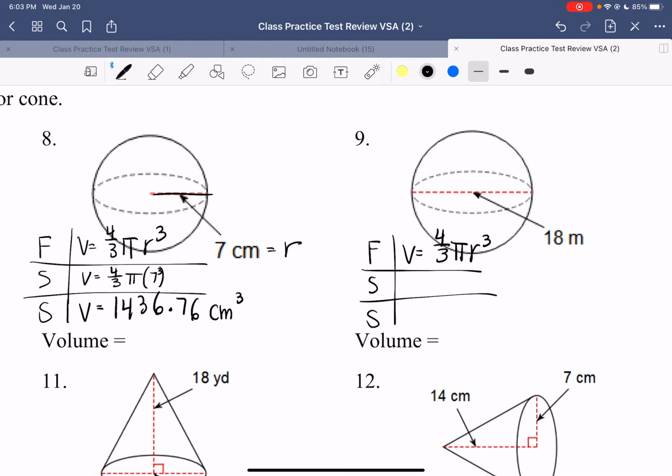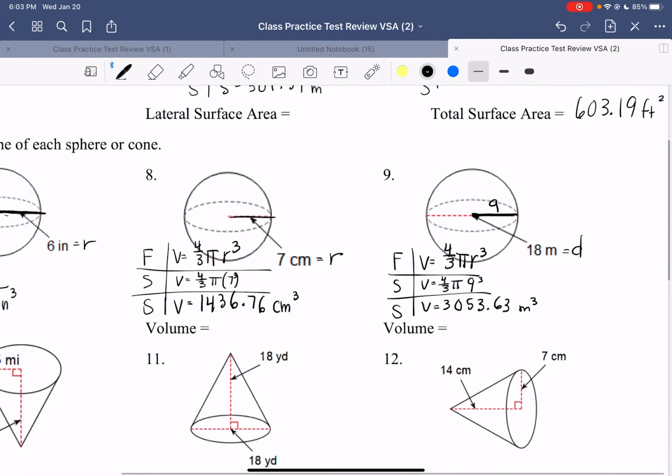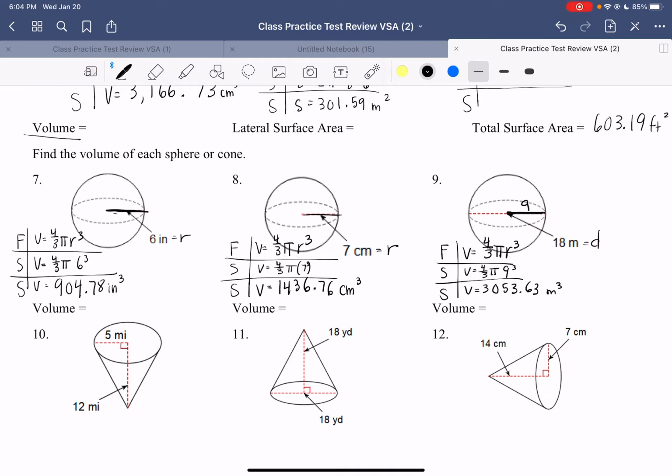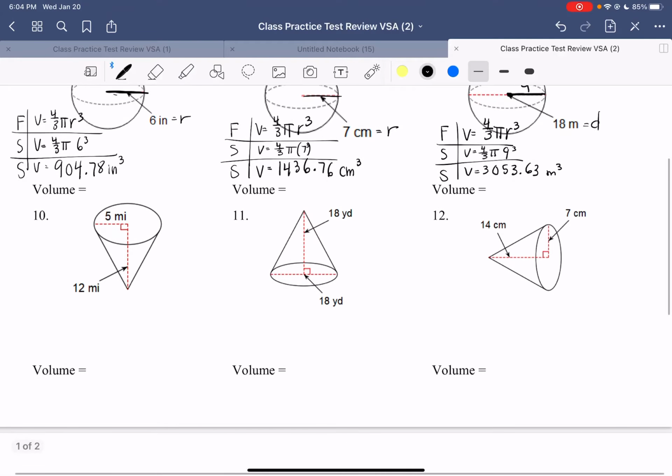So we have V equals 4/3 pi 9 cubed. Which leaves us with a volume of 3,053.63 meters cubed. So those 7 through 9 are pretty straightforward.